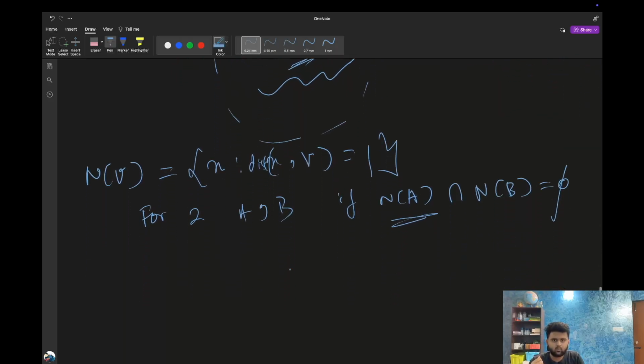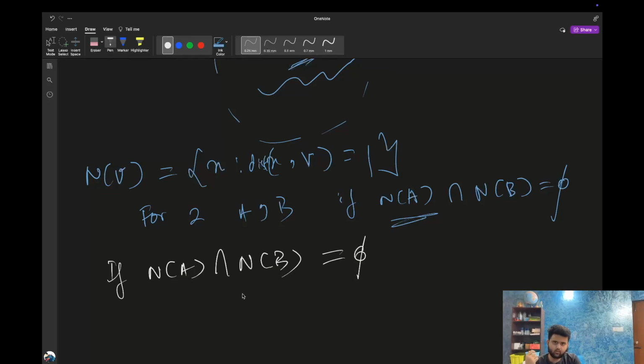So if you want to formalize this, what would we do? If two vertices don't share any neighborhood, think about why it's equivalent to say that if the neighborhood of A intersection the neighborhood of B is equal to the empty set, then the distance of A, B is greater than 2.